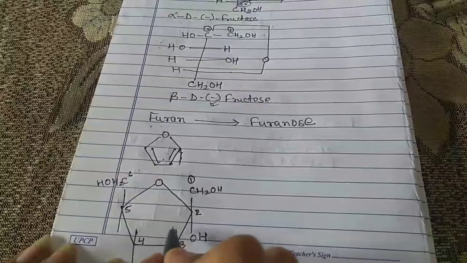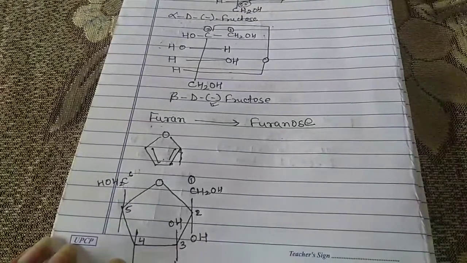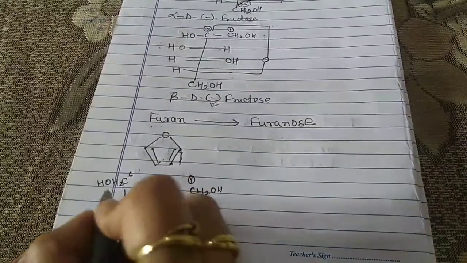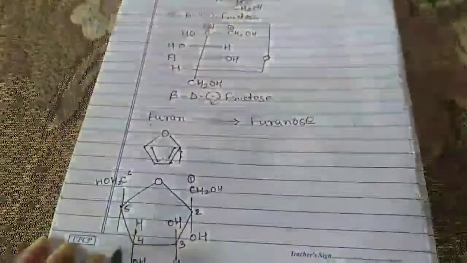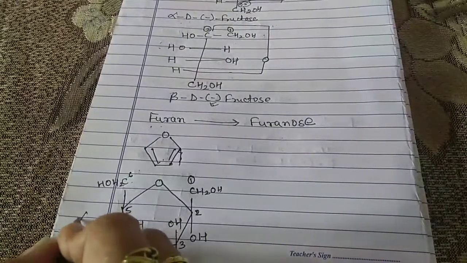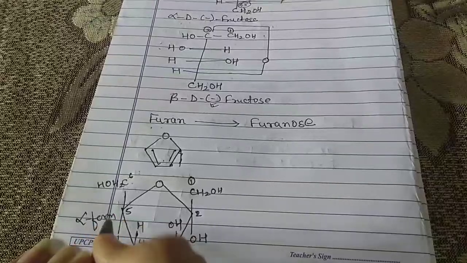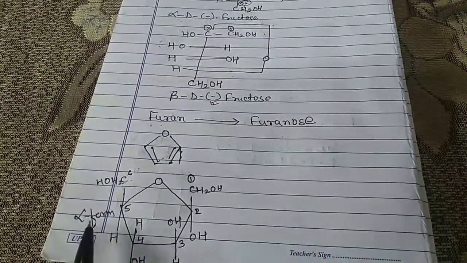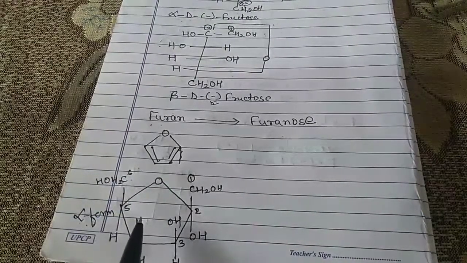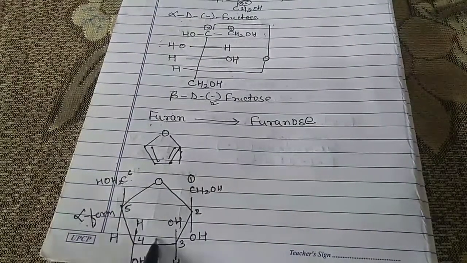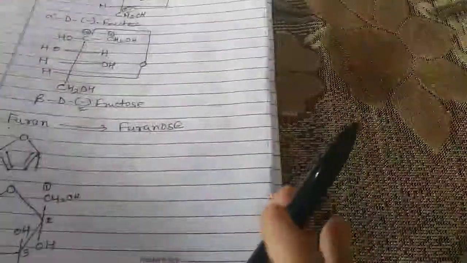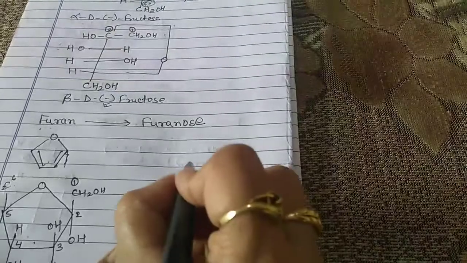Now here OH, H, here H, OH, CH2OH. At last we have H. Now this is the alpha form, or alpha D minus fructofuranose. Its name is fructofuranose.